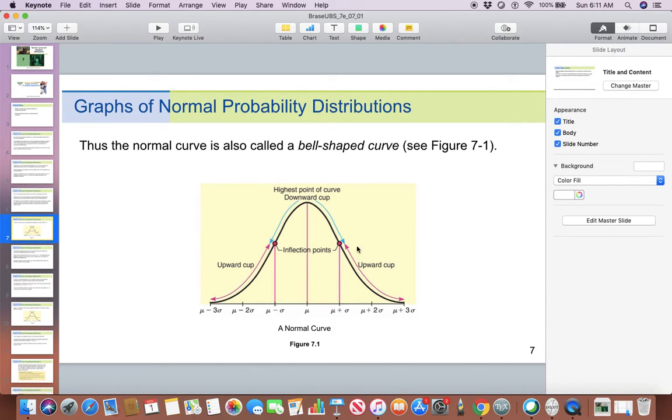So these points where concavity changes from concave up to concave down, that's an inflection point. Here also, concave down to concave up. So that's an inflection point. Okay, mu is here. One standard deviation away is where you get your inflection points. All right.